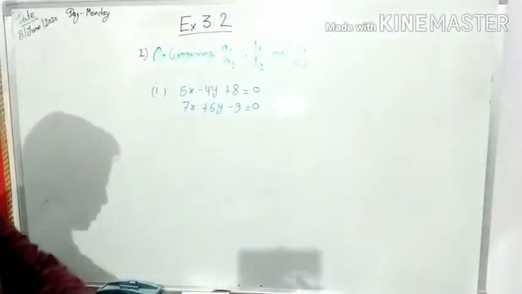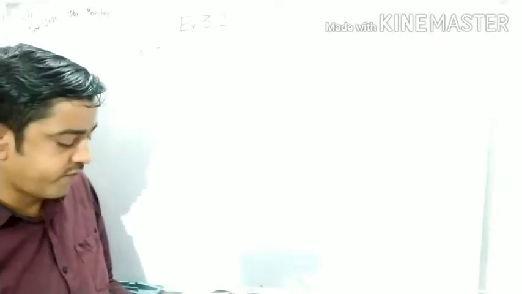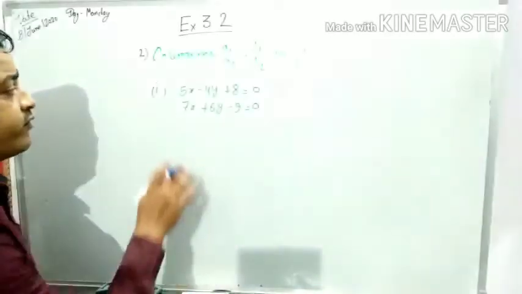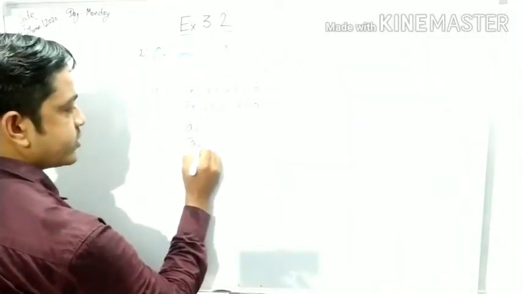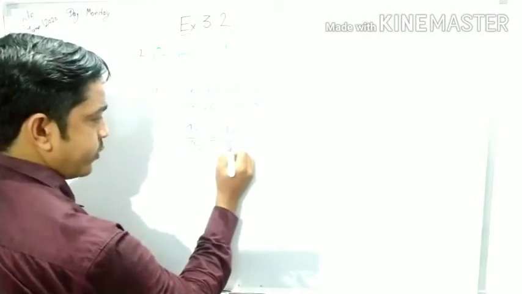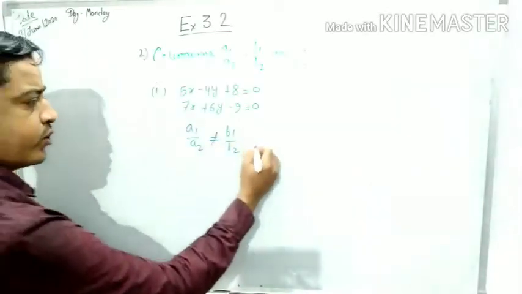The demand of the question is whether the following pair of linear equations intersect at a point, are parallel or coincident. So what are the conditions? If a1 upon a2 is not equal to b1 upon b2, it means it has a unique solution.